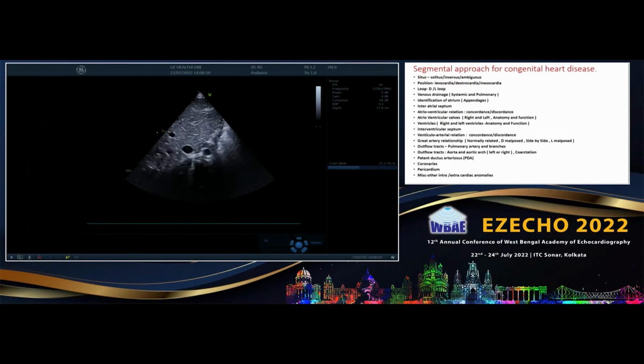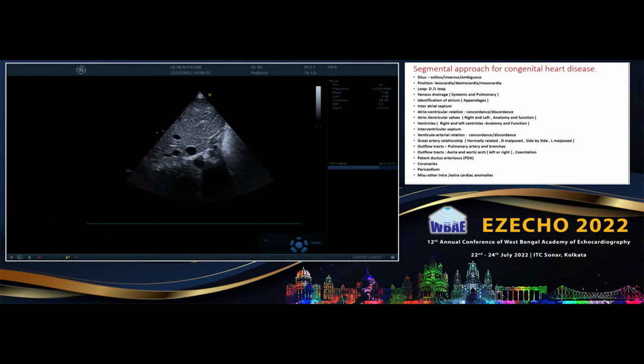To start, for any approach to congenital heart disease, you have to be very methodical and you can't miss a step, because if you miss any step, you are going to miss a lot.